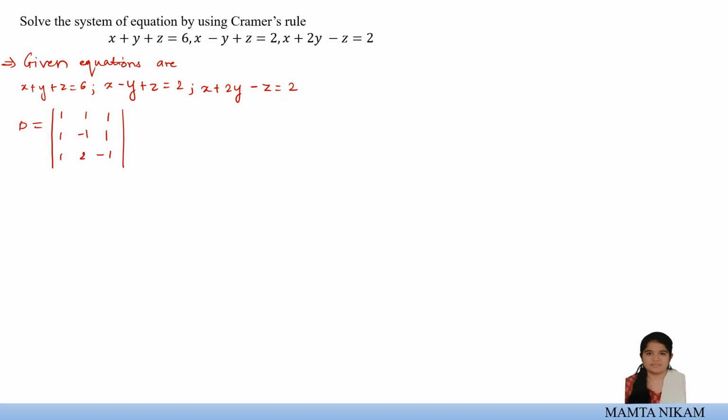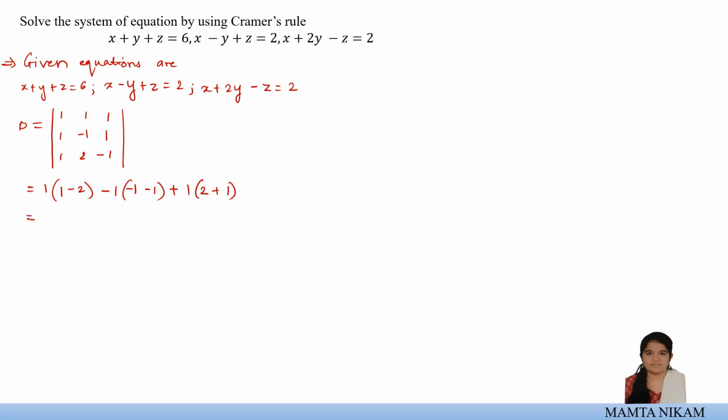So now solving this determinant, क्या होगा ये होगा 1 times, and right here 1 times minus minus ये हो जाएगा plus, so 1 minus 2 minus of 1 times minus 1 and minus 1 plus 1 times 2 plus 1.